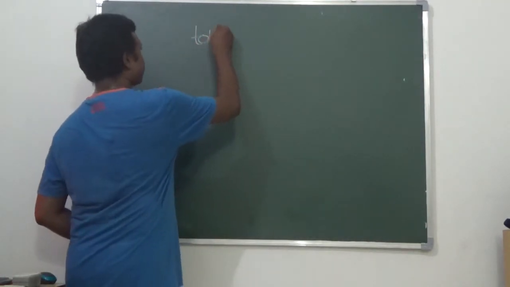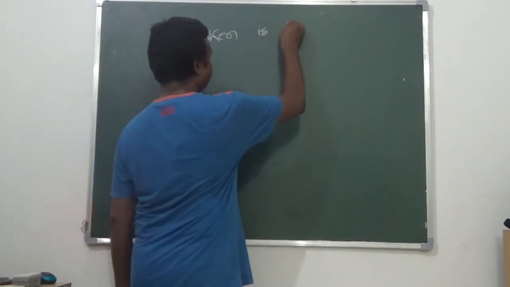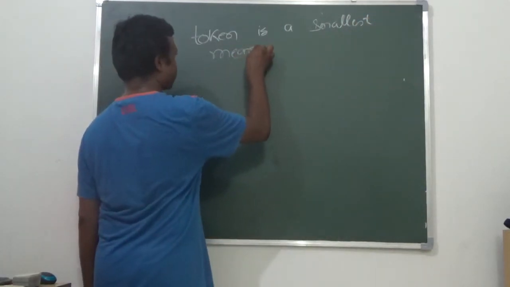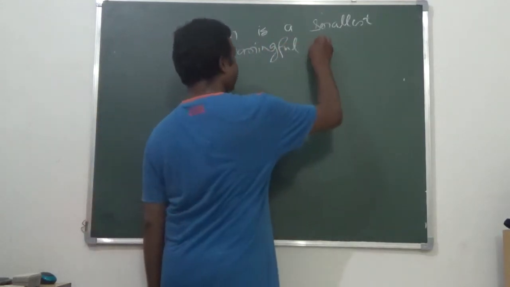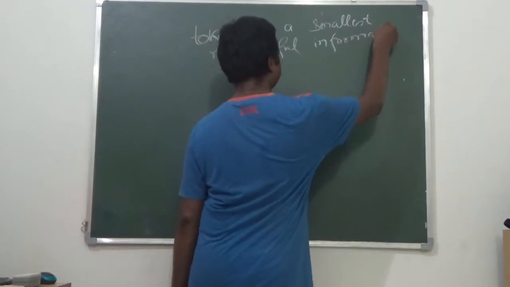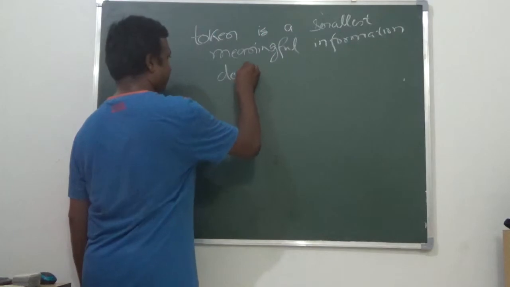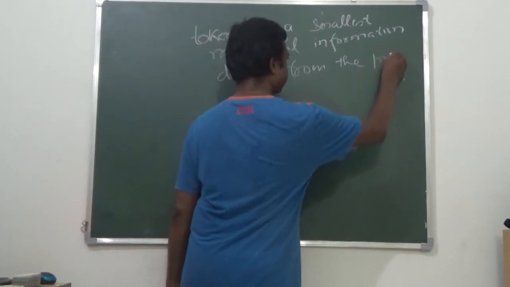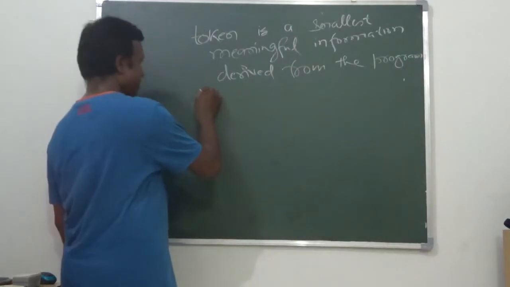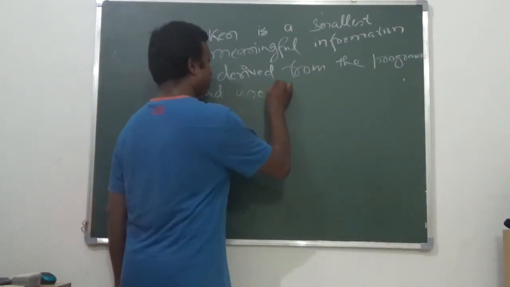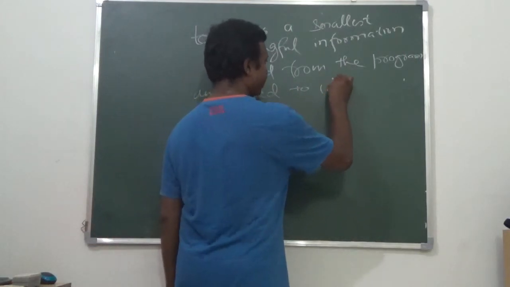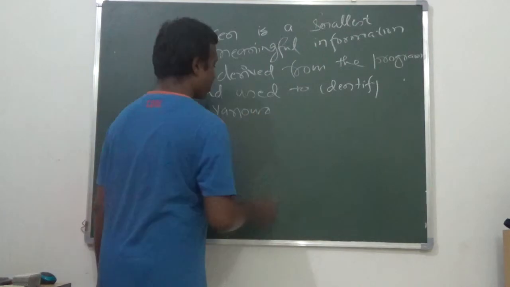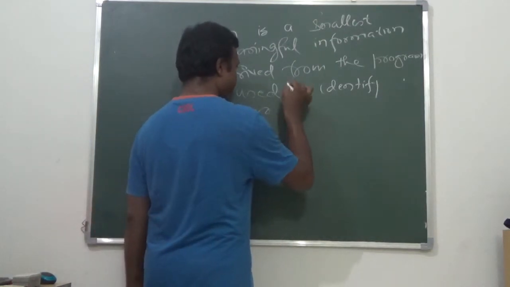A token is nothing but the smallest meaningful information derived from the program and used to identify various building blocks of the program.